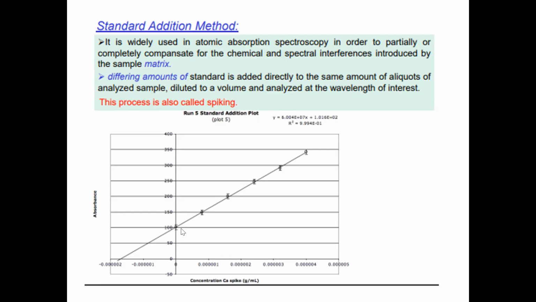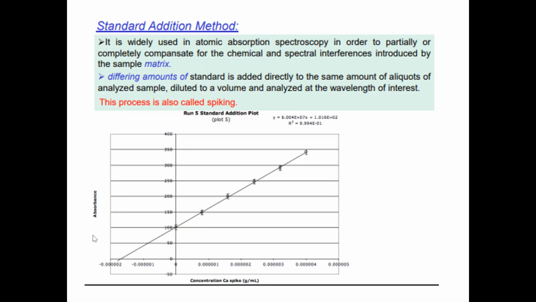Initially, if your sample has an interferent, before you add anything, at 0 absorbance, it still has some absorbance due to your matrix, whatever component. Yes, it may have lead in it. So the standard that's being added, is that just what you think the interference might be? Or is it your analyte?